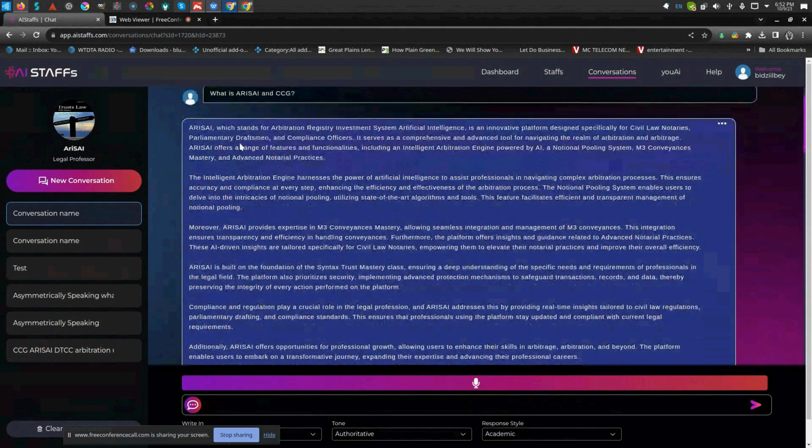Eris AI, which stands for the Arbitration Registry Investment Systems Artificial Intelligence, is an innovative platform designed specifically for civil law notaries, parliamentary draftsmen, and compliance officers. It serves as a comprehensive advanced tool for navigating the realms of arbitration and arbitrage.